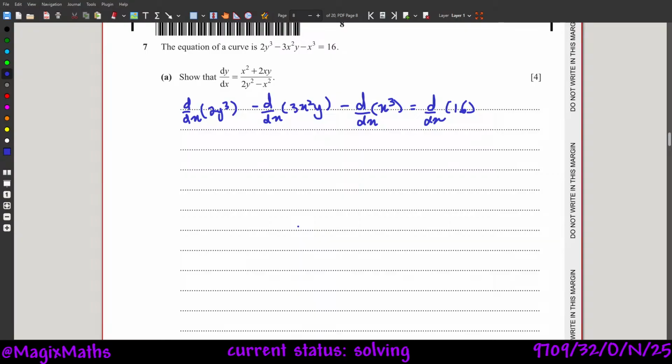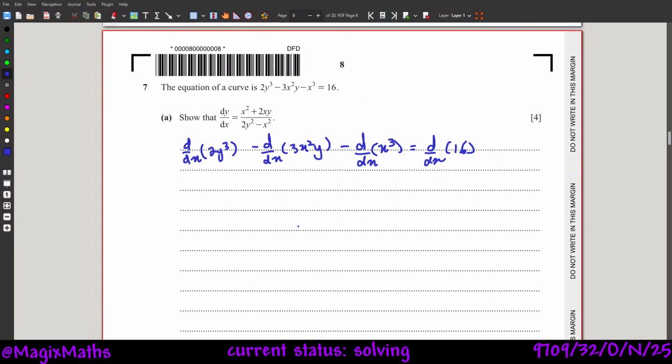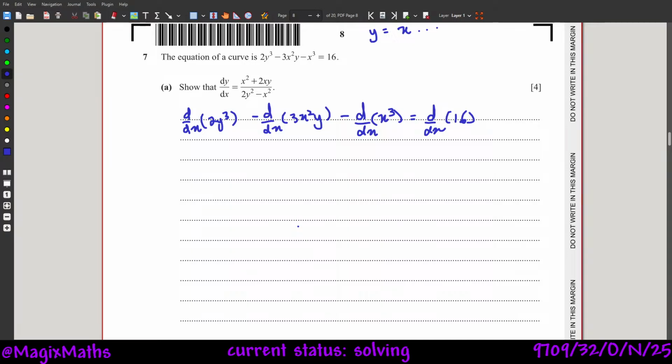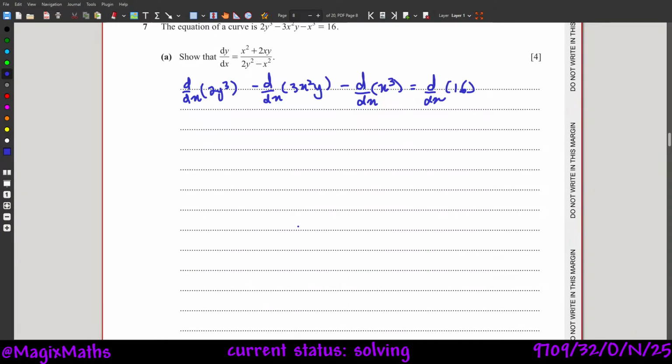So let's recall the rule for y equals x or something. d/dx, dy over dx should be 1. So what does that tell us? Does that mean we should leave that? Wait, no.